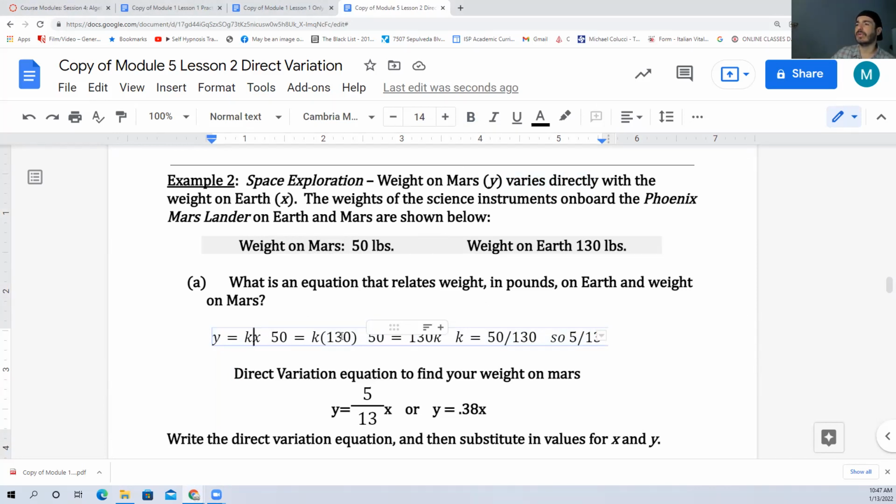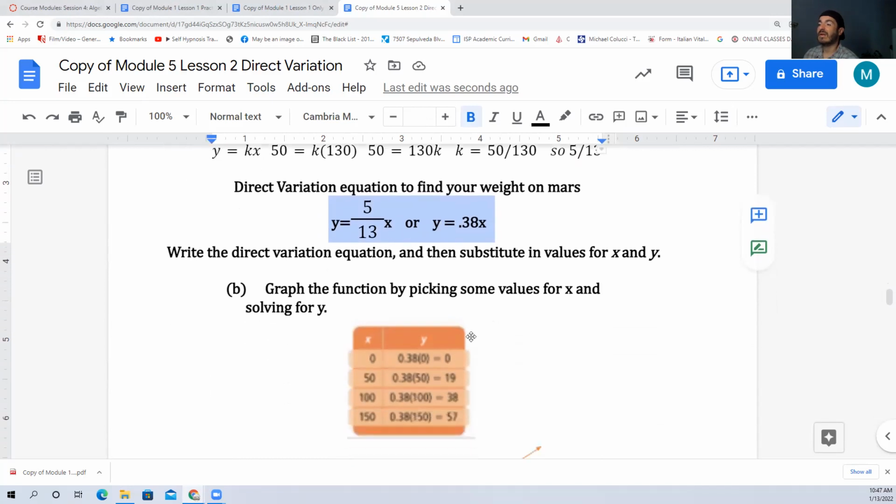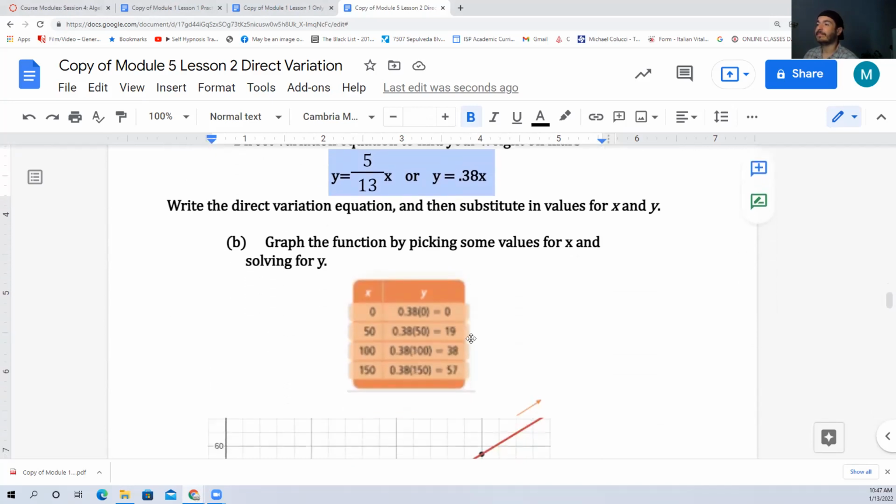They substituted 130 for x because that's our weight on Earth, and they figured out what the constant rate of variation is, which is 5/13. 50 divided by 130. And then they gave us a direct variation equation. Pretty cool, right?